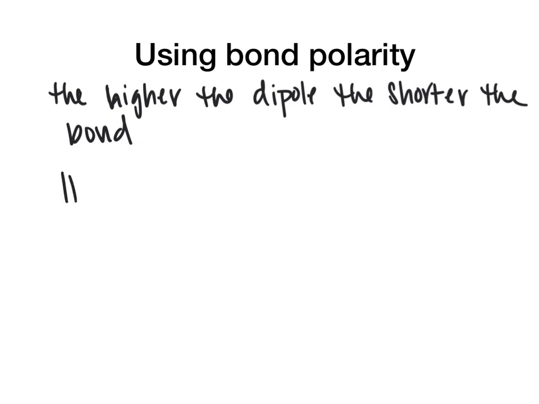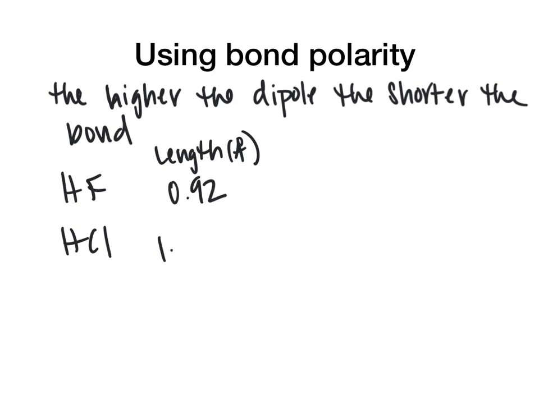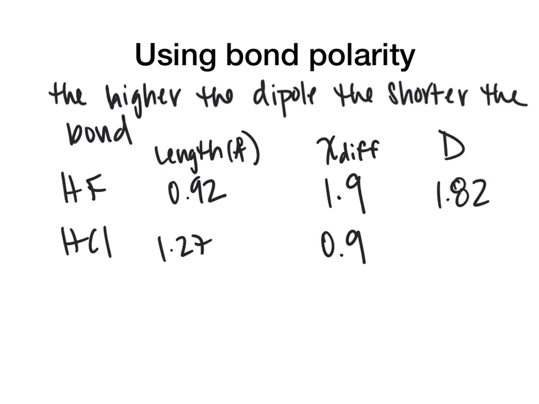For example, if we look at HF and HCl, the bond lengths in angstroms are 0.92 and 1.27. The electronegativity differential is 1.9 and 0.9, and the dipole moment is 1.82 and 1.08. What we see is that as they shift, we see slight differences.